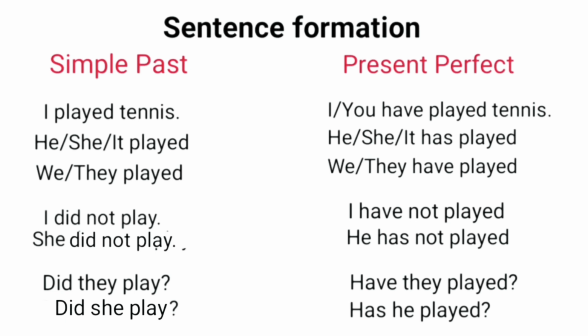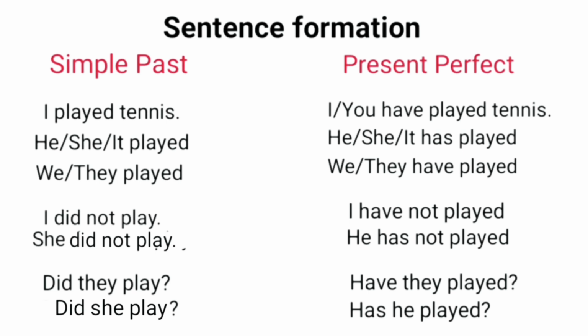So remember, whenever there is did in the sentence, always use the first form of the verb, which is also called base form. In interrogative sentences, did they play, did she play, again did is used with first form of the verb, and we start the sentence with did.